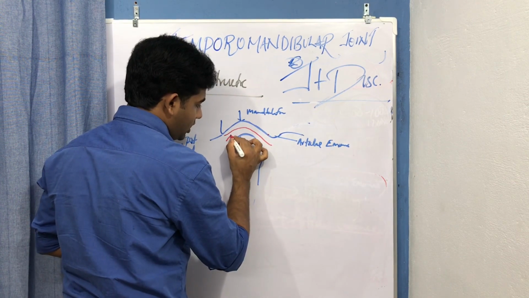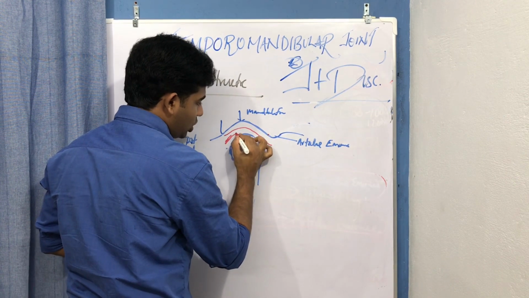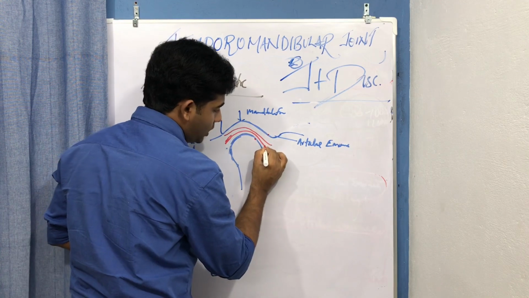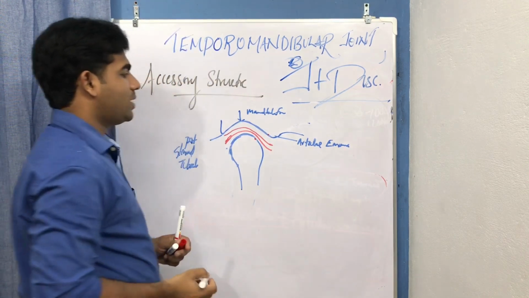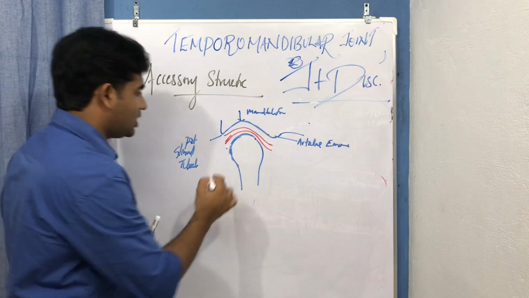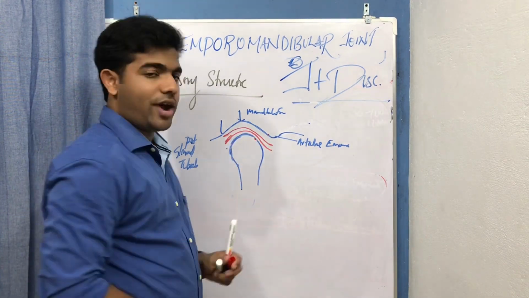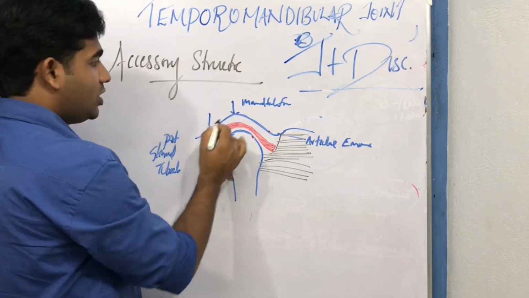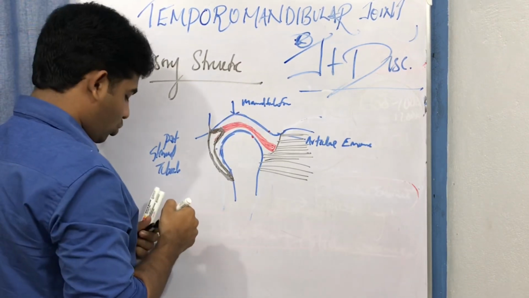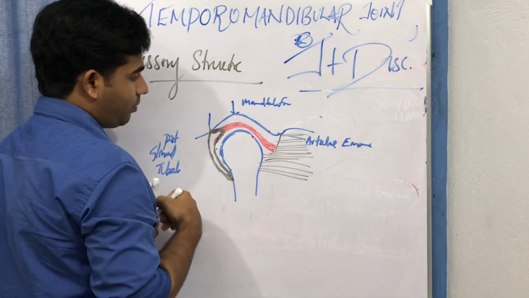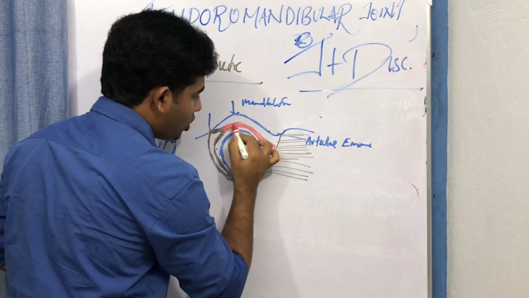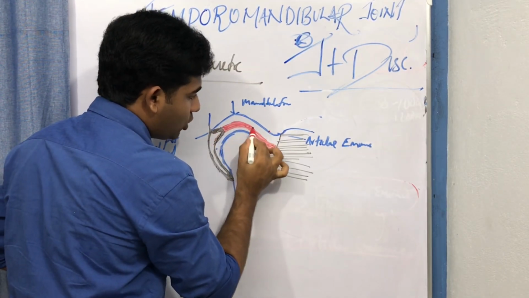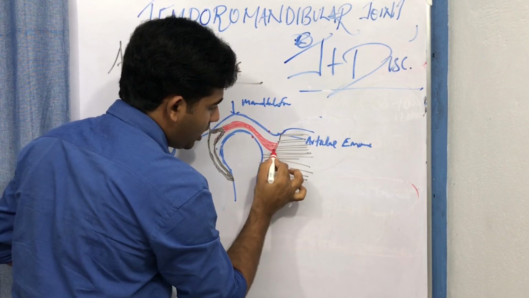This is your articular disc in the temporomandibular joint. For saving time, we make it like this. This red colored thing that I labeled here is the articular disc of the temporomandibular joint.